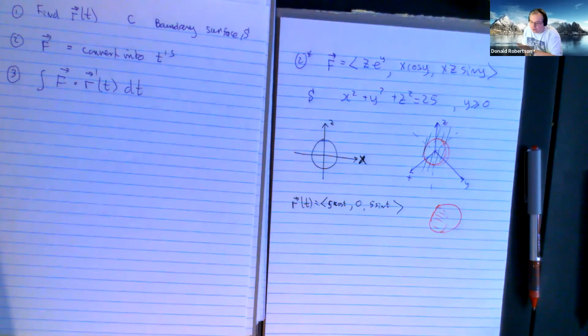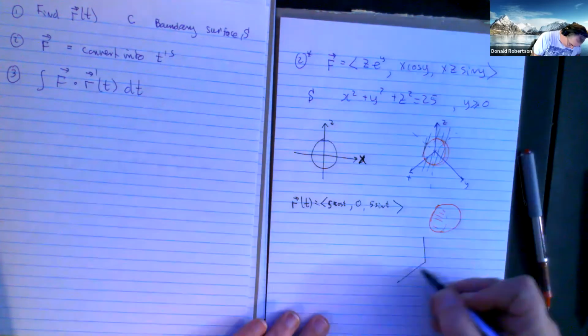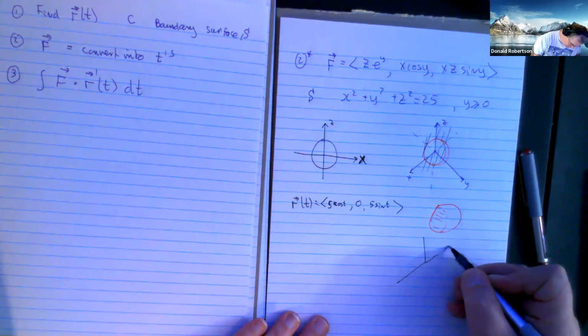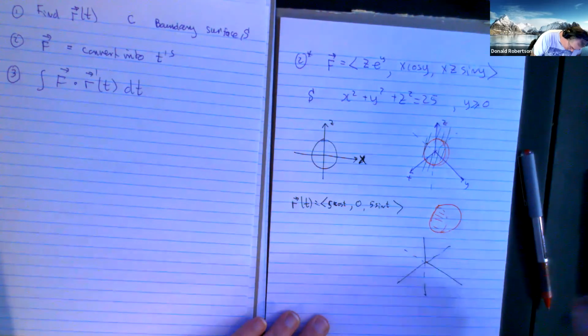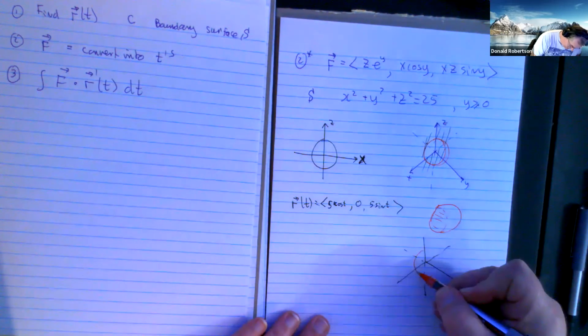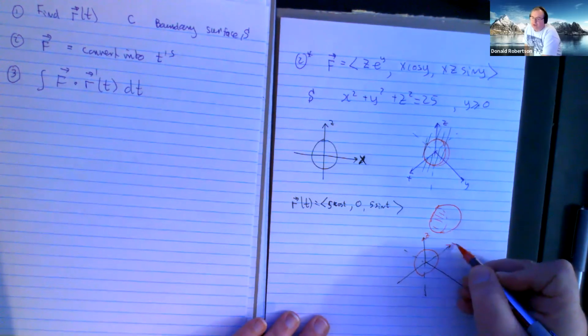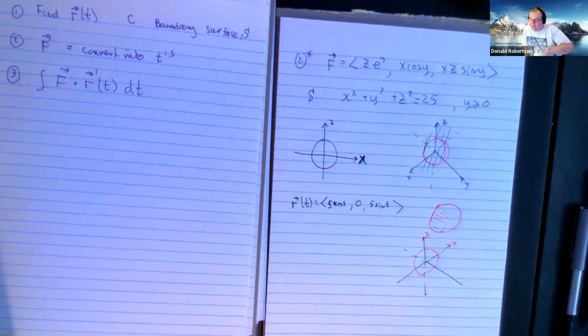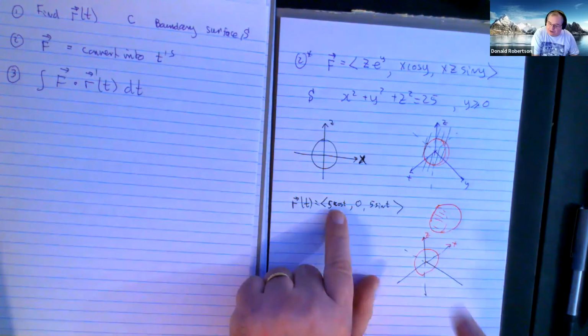So this one's not on the floor. The boundary is on the XZ wall, right? So it's on that side, and that's the parametric equation. If it's a circle, can't you just do 5 cosine, 5 sine, and put 0 in the middle?